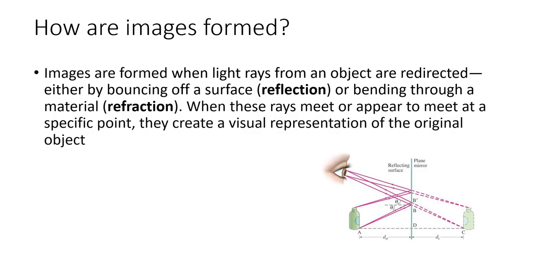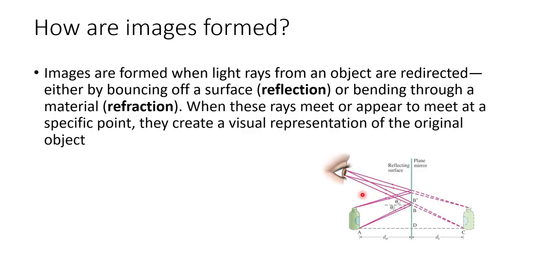So how are images formed? Consider an object. The light falls on that object and gets reflected.